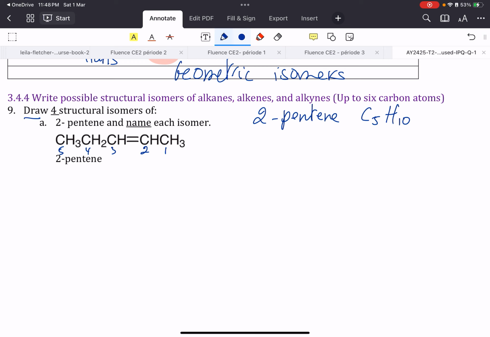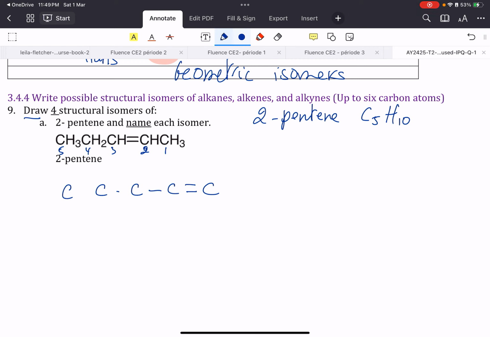So when you start drawing isomers, you need to start in order. First, you start moving the double bond to create 2-pentene, 1-pentene, 3-pentene. So these are simply 2 isomers that I did. So 1, 2, 3, 4, and 5. Here the double bond is on the second.